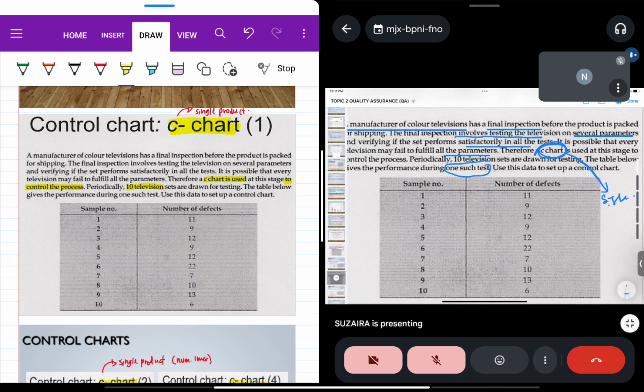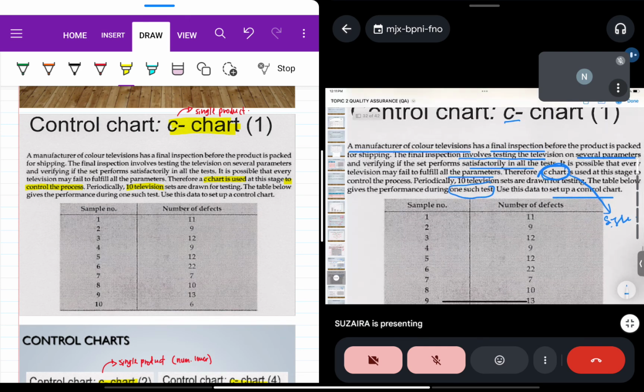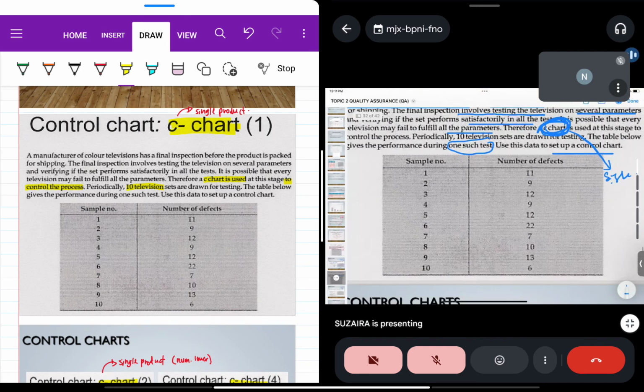The question asks you to set up a control chart. Sometimes it does not say what kind of control chart, but luckily here it mentions that you need to develop the C chart. We have numbers from 1 to 10 because we take 10 samples, and each sample has its defects, so we collect data for this.